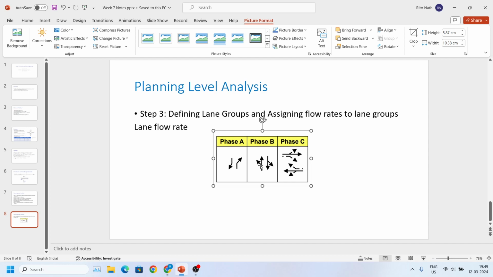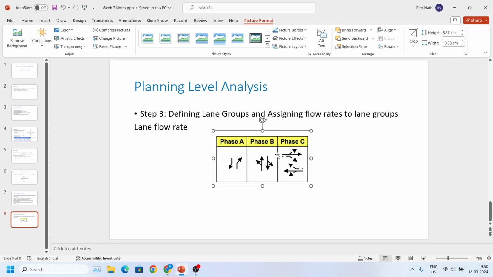For southbound you have through plus left turn, and a right turn as well. Then you have the similar thing defined for northbound, through plus left and the right turn. Then you have to see how many lanes there are. If the lane group volumes are given, then for the design flow rate you just divide the volume by the number of lanes you have, and that will give you the final answer.